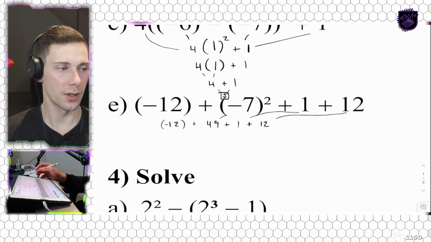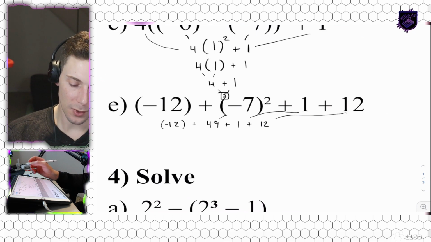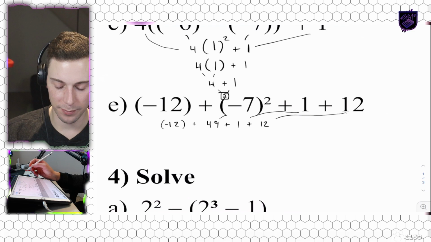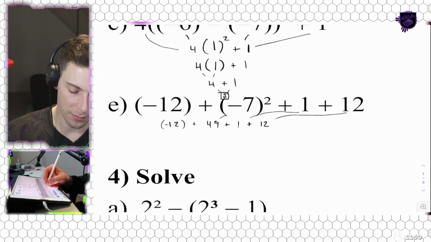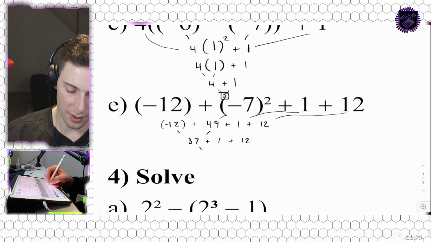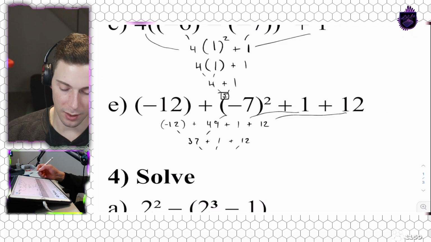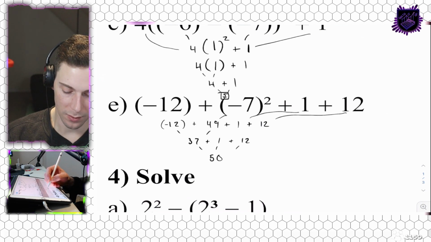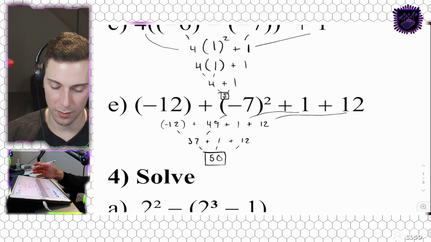So you can sort of see where the numbers came from. -12 plus 49, so it's 37. 37 plus 1 plus 12. And I'm going to do all these in one step. 38 and 50. -7 squared. Yeah, 49. Positive 49. Okay.